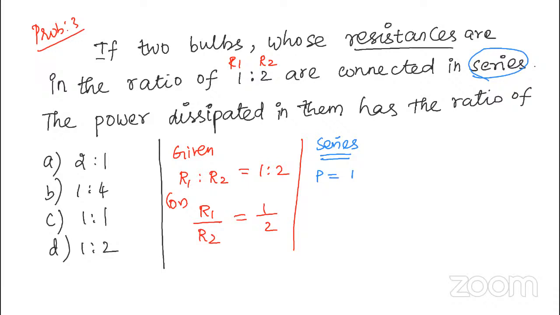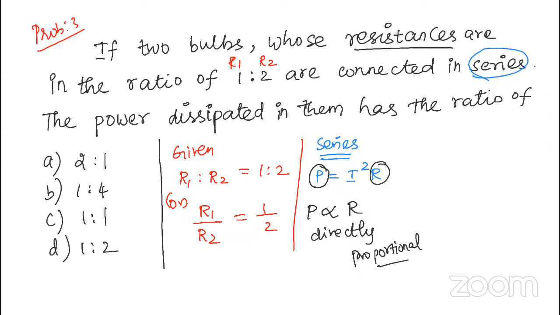P is equal to I square into R. From that formula, we notice that here P and R are directly proportional. So P is directly proportional to R, which means the P values follow the same ratio as the R values.